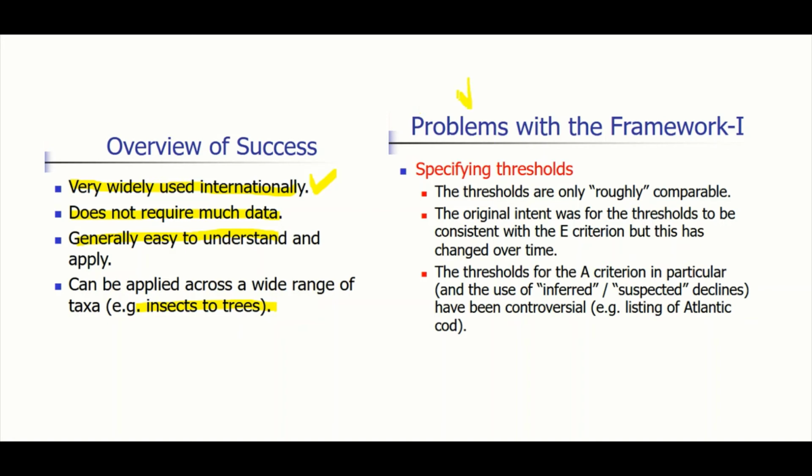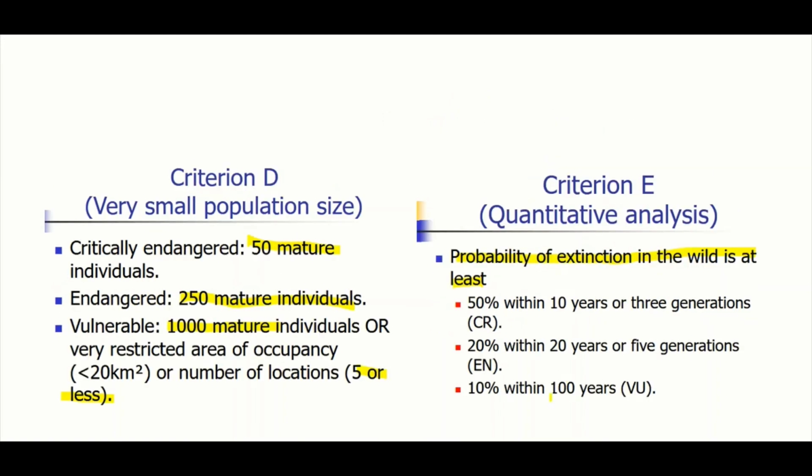Now we also do have problems with this framework, because of, one, specifying thresholds. Remember we talked about thresholds, like the way we are saying 10% here within 100 years. How do you specify this threshold?